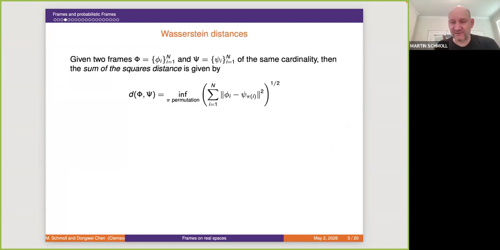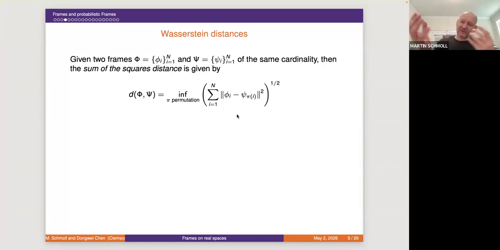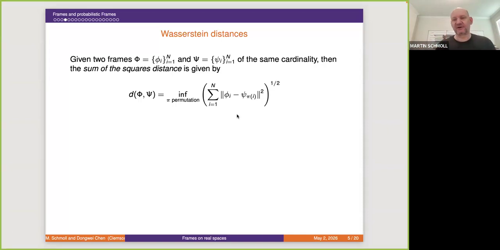Now I'm back to where I started talking about. We are going back to finitely many vectors, and you want to compare them. Now you have a problem. If you have two finite frames with different cardinality, it's not easy to compare them. Because the distance you would take, for example the sum of squares distance for p equal 2, doesn't like to compare vectors with two different cardinalities.